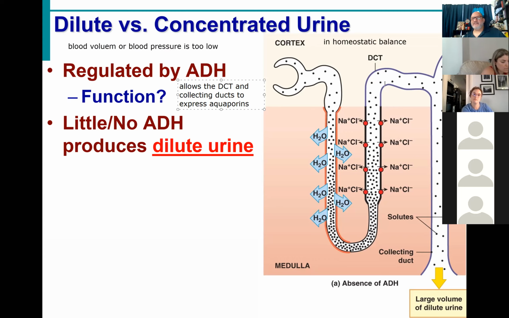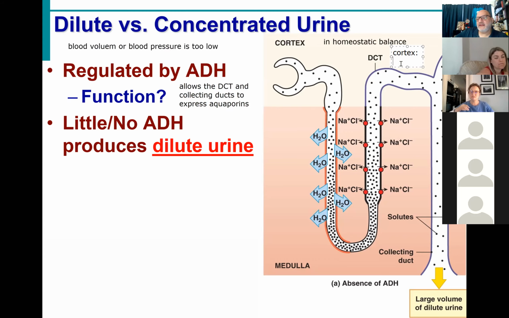Now, obviously, the distal convoluted tubule is located up here in our cortex. And what did we say the osmolarity of the interstitial fluid in our cortex was? 100? No, not in the filtrate, in the cortex itself.